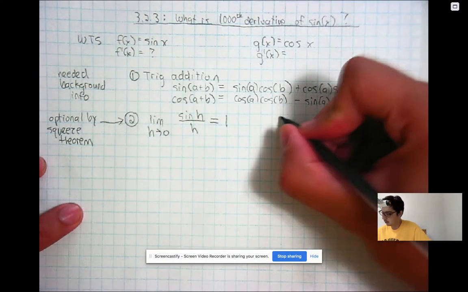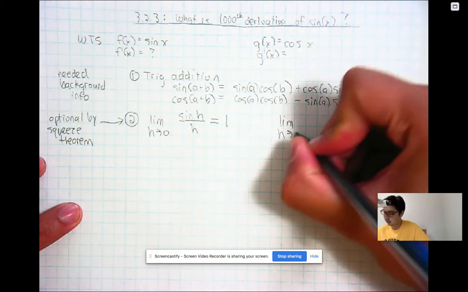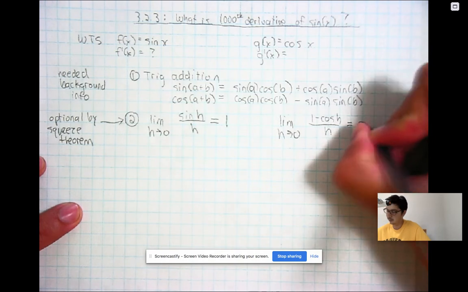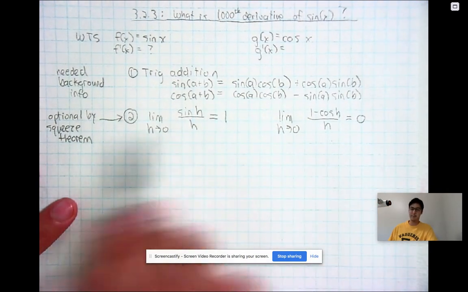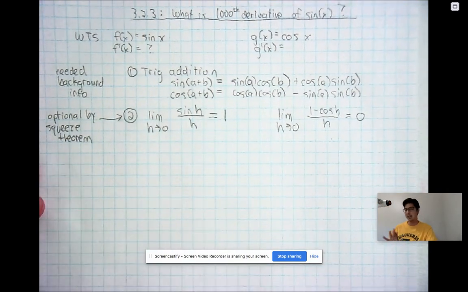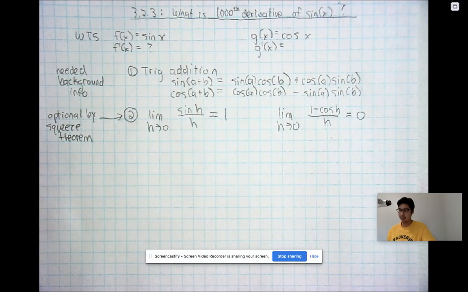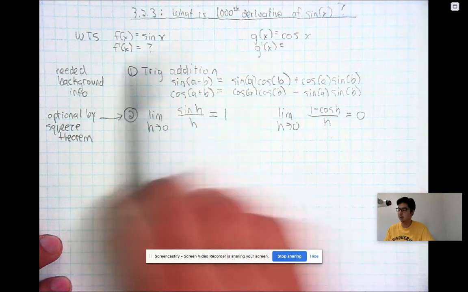And we also need to know that the limit as h approaches 0 of 1 minus cosine of h over h equals 0. Both of these can be proved by the squeeze theorem. It's outside of our scope, and because of the quick pace of this class and this quarter system, I'm not going to cover it. But I do want you to know what the derivative of sine and cosine is.